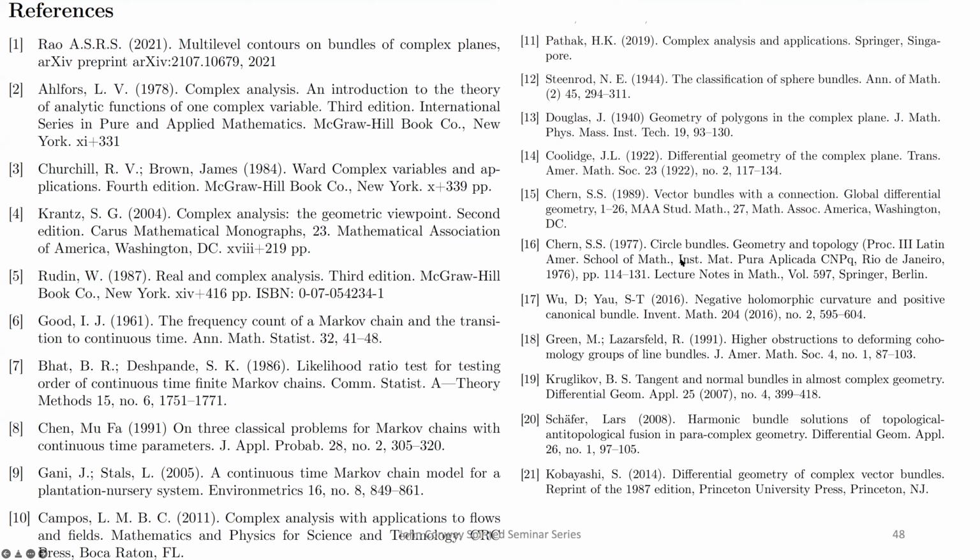I didn't know this work prior to doing this, so I would like to now see the association between this work and the other works, Chern and Wu. They did a lot of work on this kind of thing, the complex plane bundles, circle bundles and the vector bundles connection.